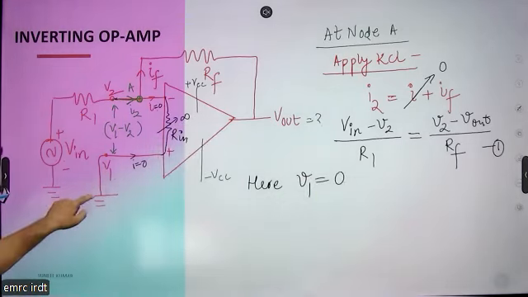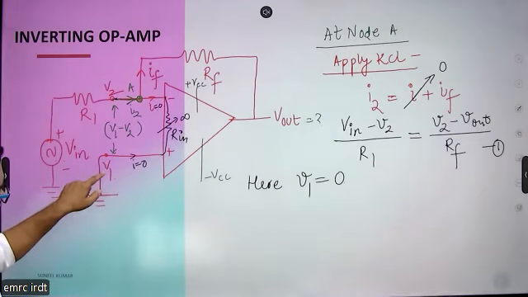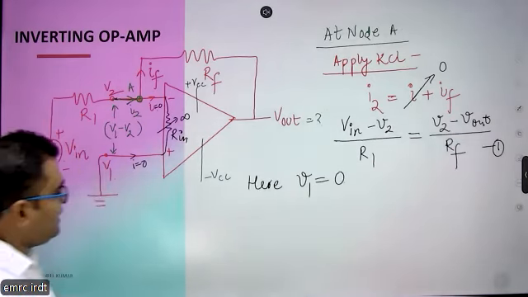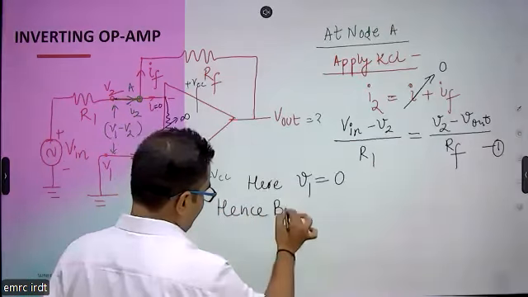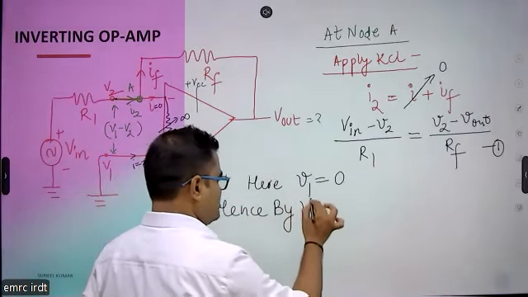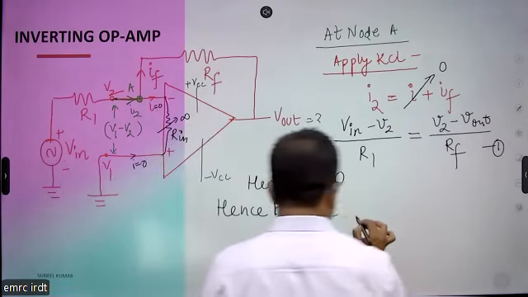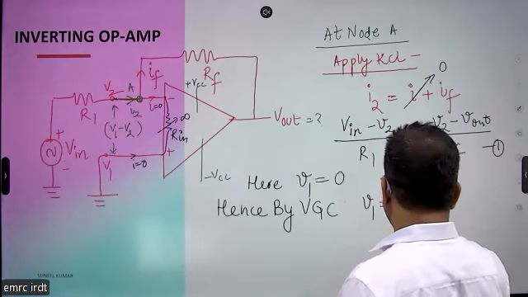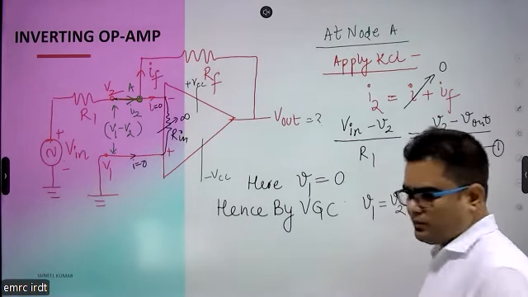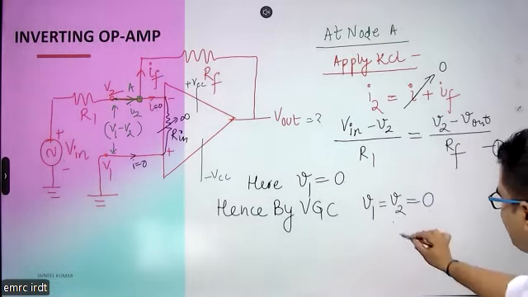Since this terminal is grounded, V1 is 0. Hence, by the virtual ground concept, V1 is equal to V2, so V2 is also 0.